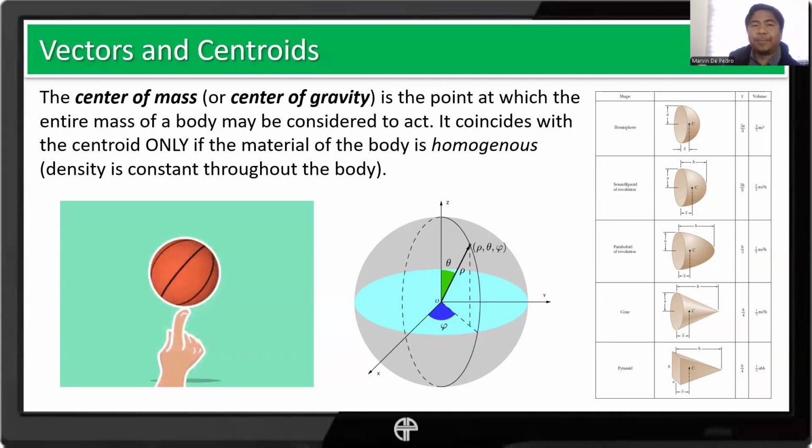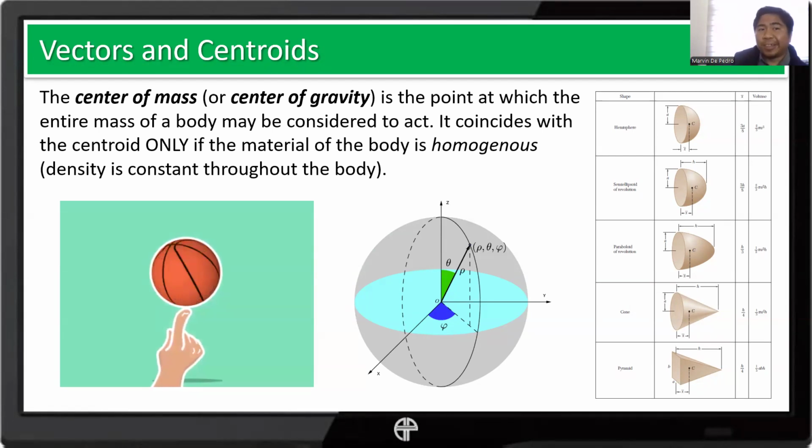For example, in physics, if you have a ball that is homogeneous, then it will be easier to spin it around. Basketballs are normally homogeneous because the material used for the surface is homogeneous, plus the empty part of it, which is filled by air, is homogeneous because air is easily considered to be homogeneous in most cases.